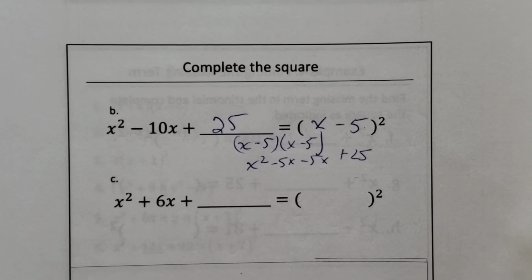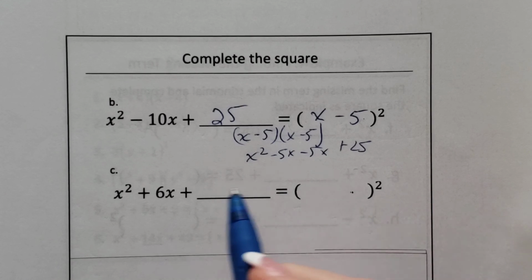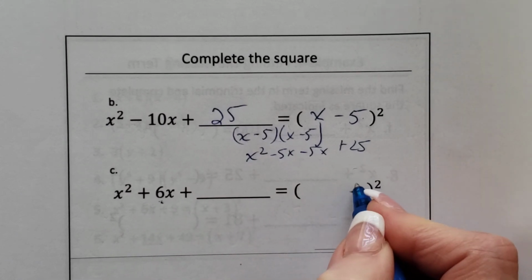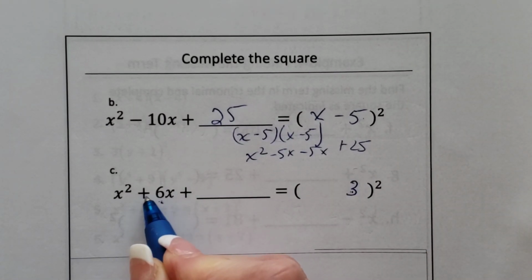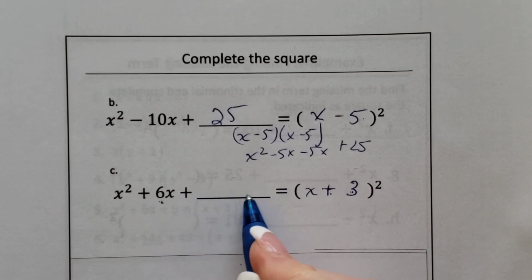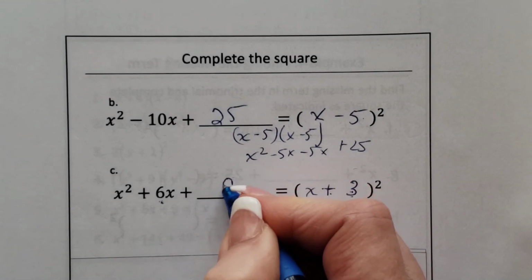Okay, so in order to find out what A is, you're going to half this number. So what's half of 6? The number's 3. If this is a plus, this is a plus. And then to get your blank here, you're going to square what you found out A was. So 3 squared is 9.